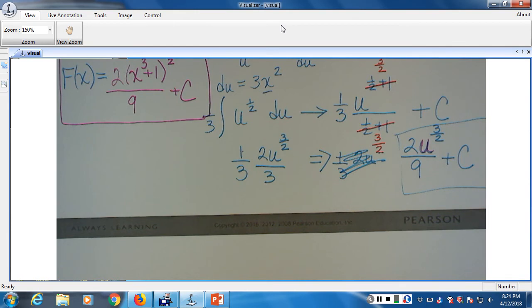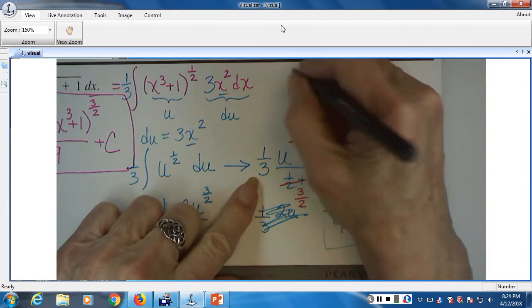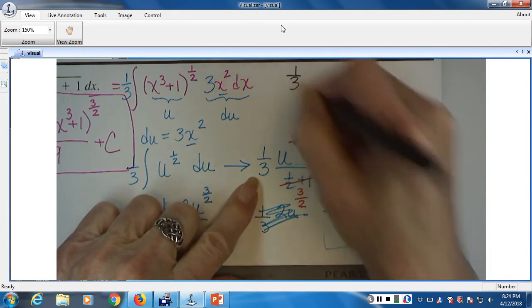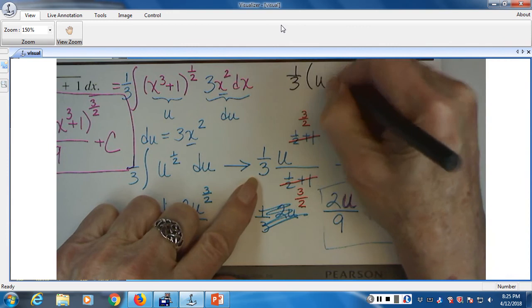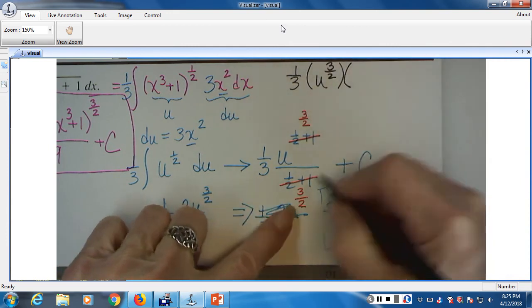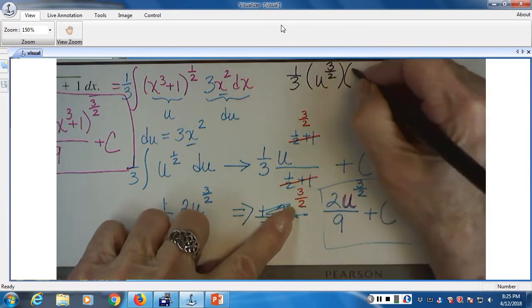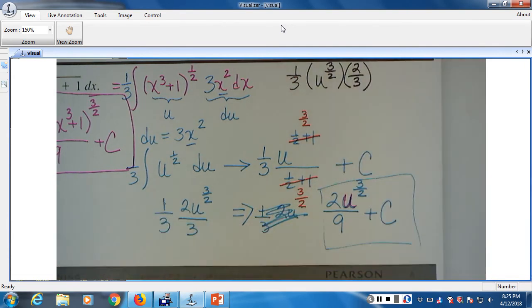Yeah, I think I heard you right. It is technically 1/3 times u to the 3/2, and if you're dividing by 3/2, that's the same as multiplying by 2 over 3. Is that what you said?